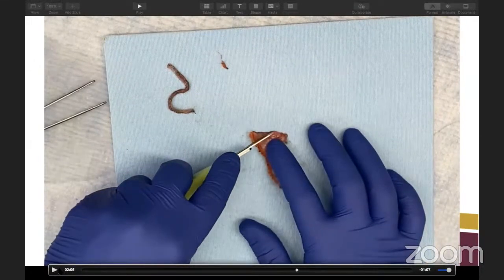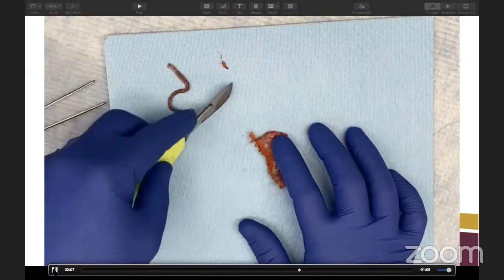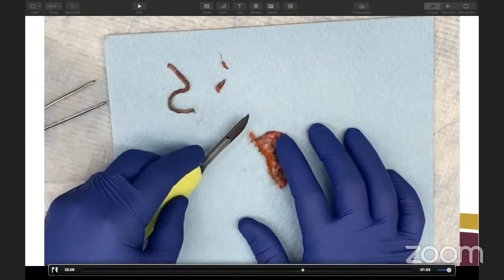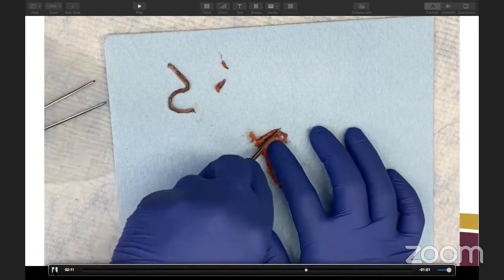Now I'm going to pause it here. Note the position of my scalpel blade to the surgical margin. It's a perpendicular section. My blade is perpendicular to the margin. And so therefore the section is perpendicular to the margin.